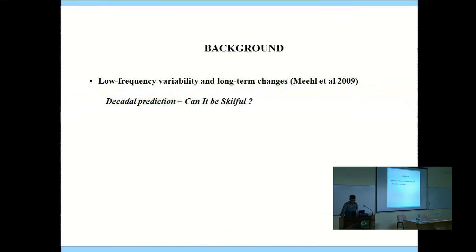I will tell you some background. Lee et al. in 2009 discussed the importance of studying the decadal or low frequency variability while attributing the long-term changes.